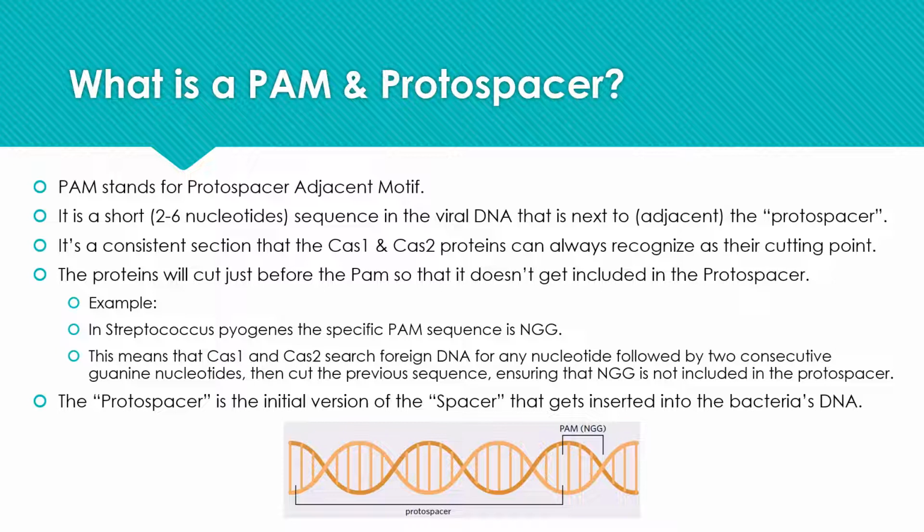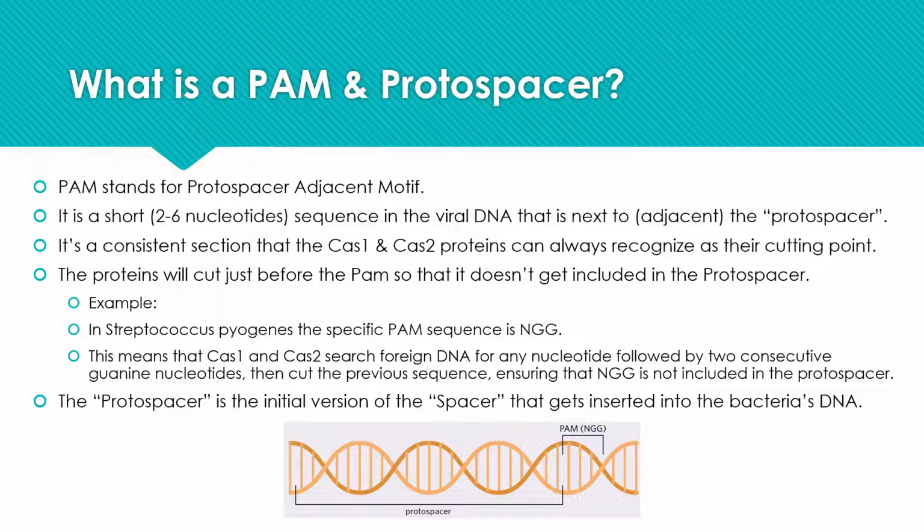So these proteins go looking for this PAM. And when they find it, they know, hey, I found the point where if I cut here, I've got the protospacer right next to me. And it's the protospacer that they want. So if they can cut at the PAM, they'll have cut out the protospacer as well.